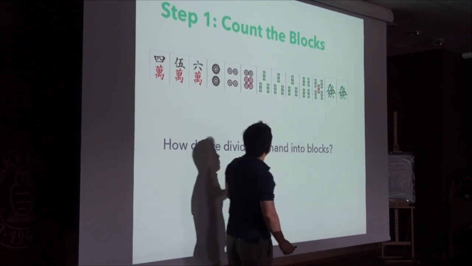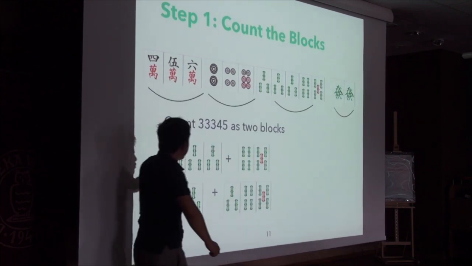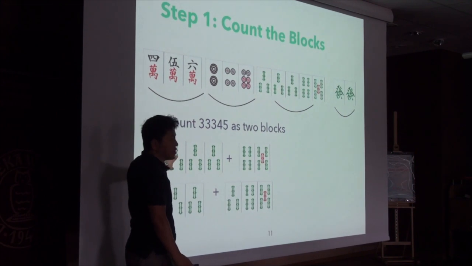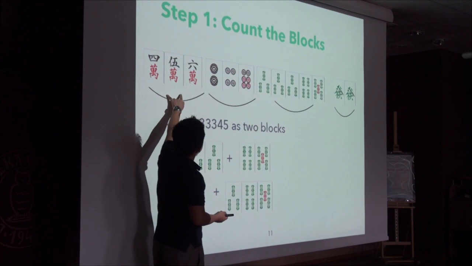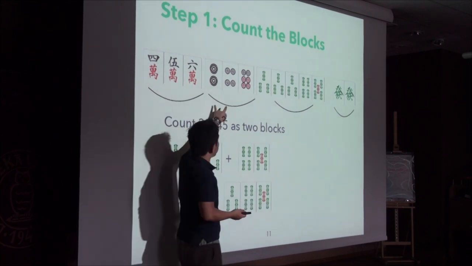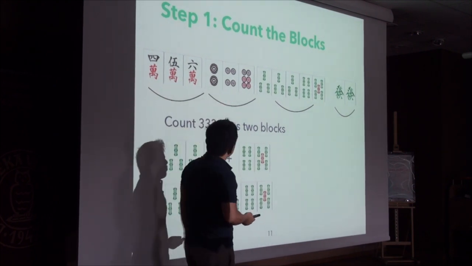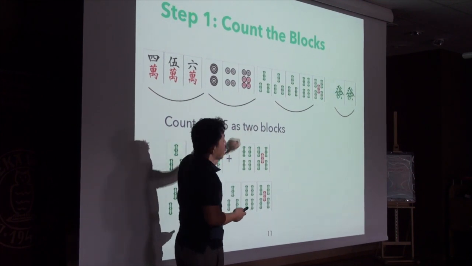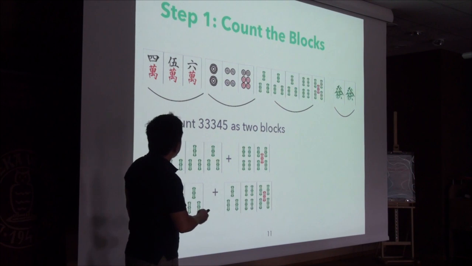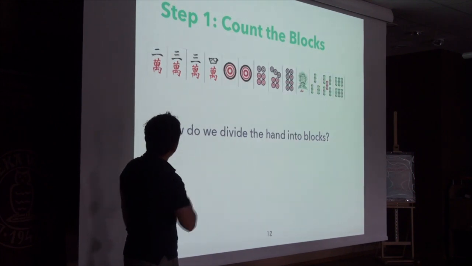So 5 blocks. Regardless of how we view this block, it's 2 blocks, right? A block can be a completed run or incomplete run, a float run, or pairs, right? So 1, 2, 3, 4, 5. It's very easy.